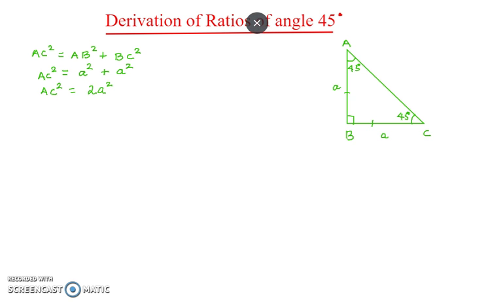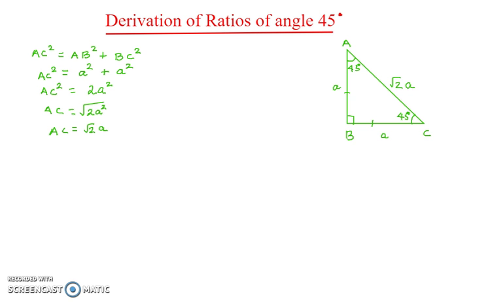But I'm not interested in AC square, I want to find the length of AC. So AC equals under root of 2a square, that we can write as root 2 times a. So we get the length of the hypotenuse as root 2 times a.